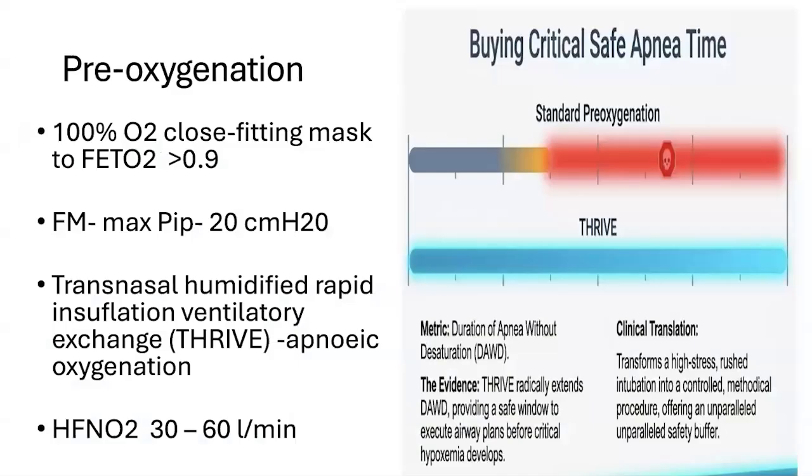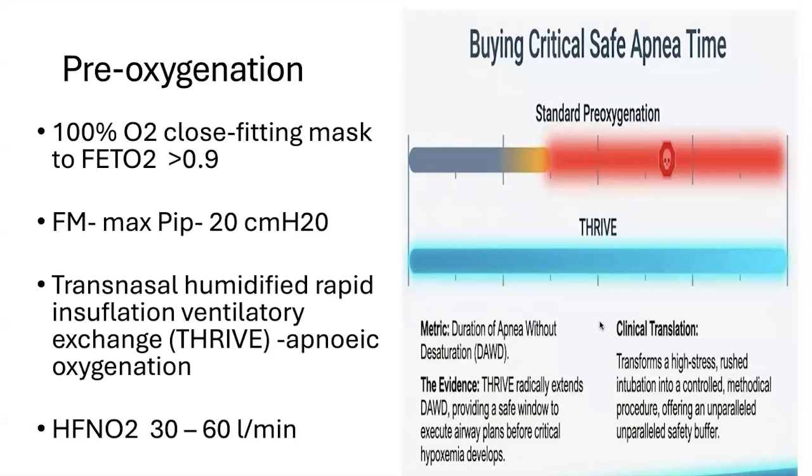So after preparing the monitoring and drugs and positioning the patient, we have to pre-oxygenate the patient. There are two things that are very important here. Earlier, we used to do pre-oxygenation for 5 minutes, but right now it is recommended that 100% oxygen with a close fitting mask be applied until the FETO2 reaches 0.9.